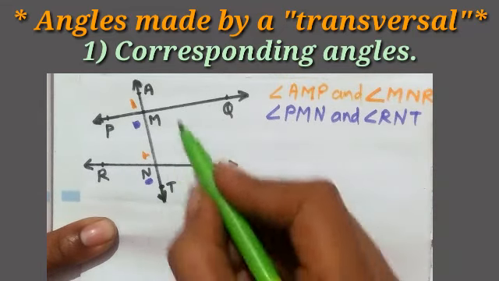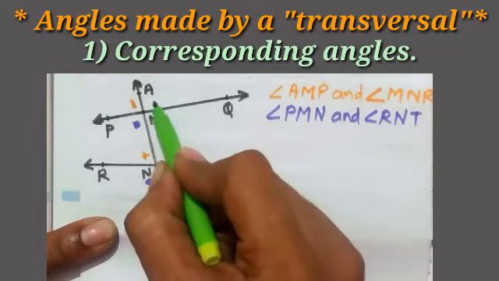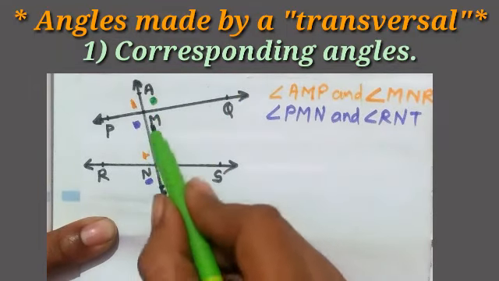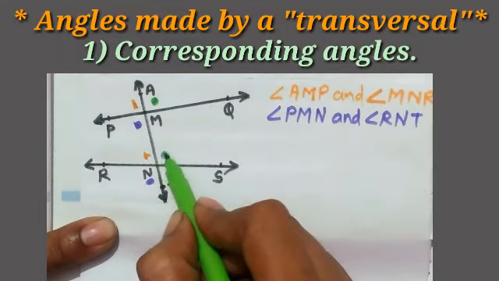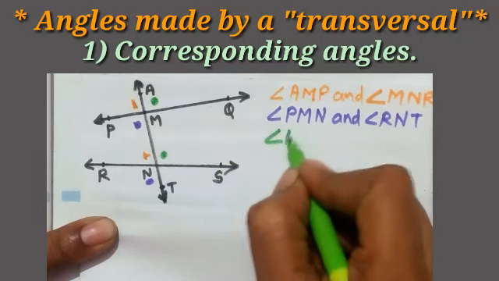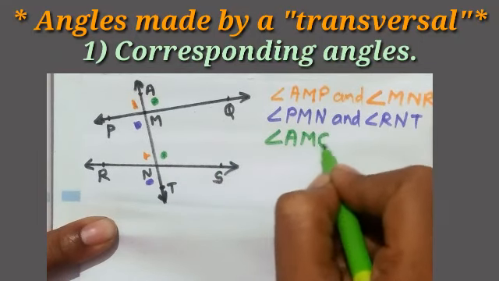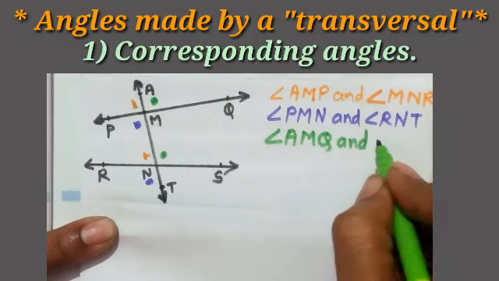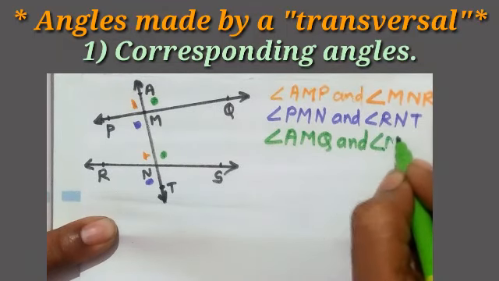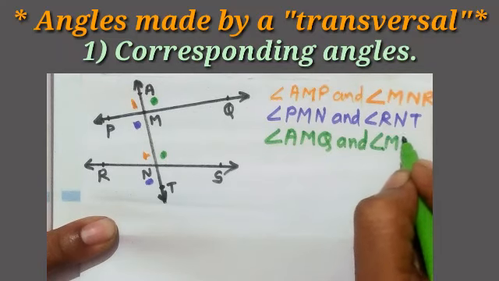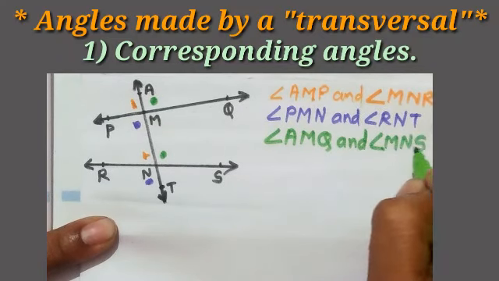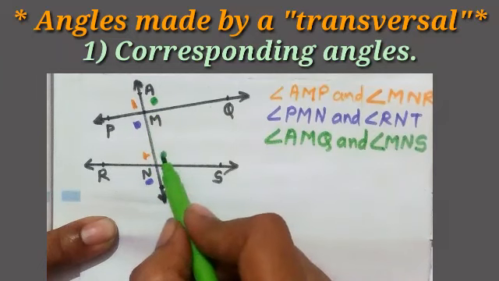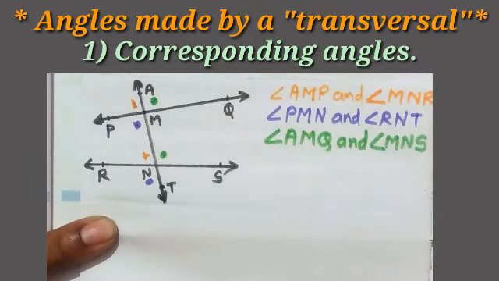Now let's see the third pair, that is AMQ and MNS. Angle AMQ and angle MNS. This green color is the third pair of the corresponding angles.